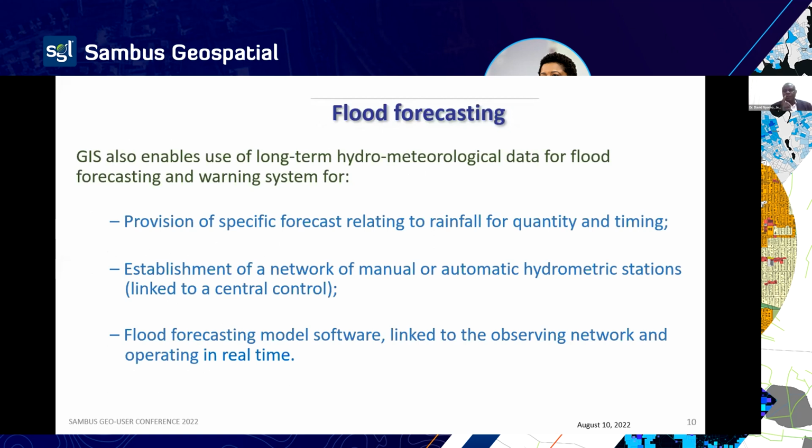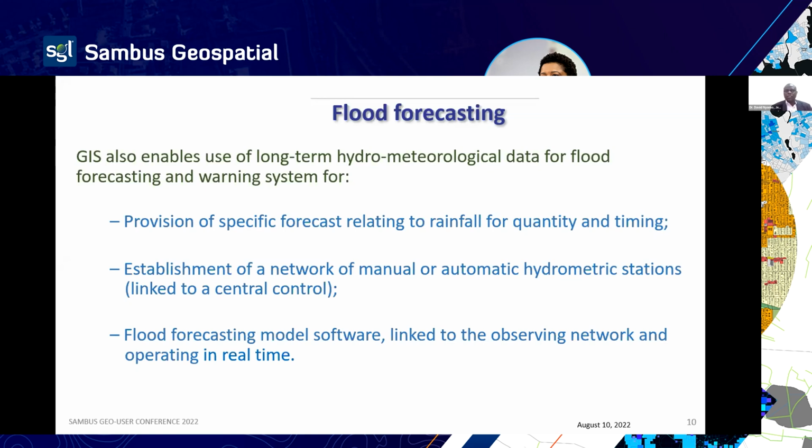Then, particularly for flood forecasting, because in many parts of the world today, flood forecasting has become a very important measure to forestall, even though every day we keep seeing flooding occurring in most of these places that even have systems for flood forecasting.